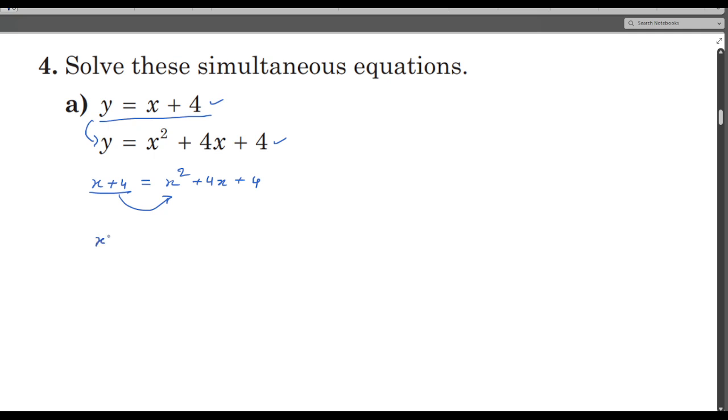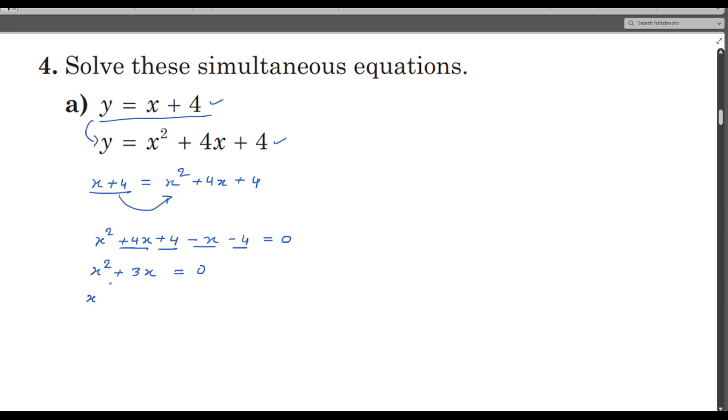On my left side it is x square plus 4x plus 4. Now we are shifting this x plus 4, so it is minus x minus 4, and on this side it will be 0. So this is x square. Now this plus 4x minus x is plus 3x, and plus 4 minus 4 is 0. So you have x square plus 3x is equal to 0.